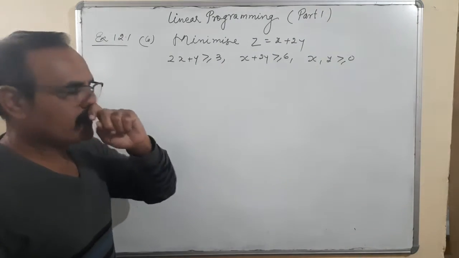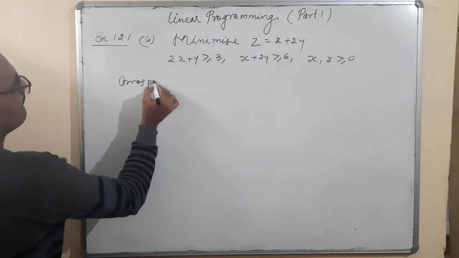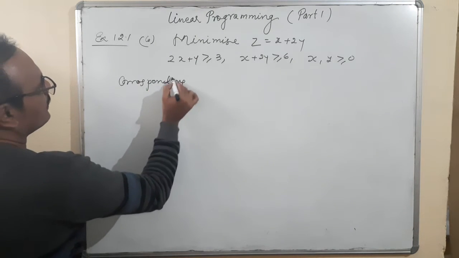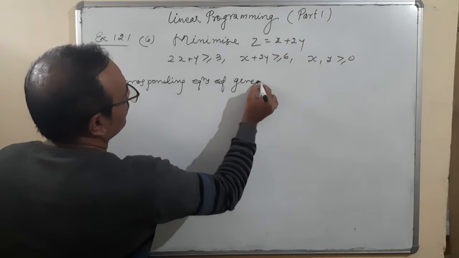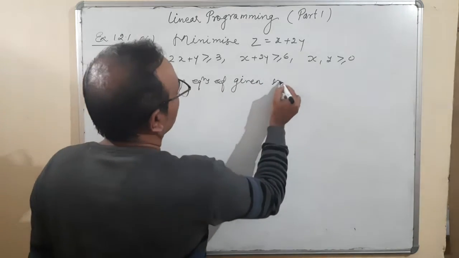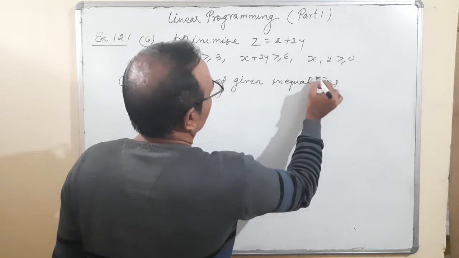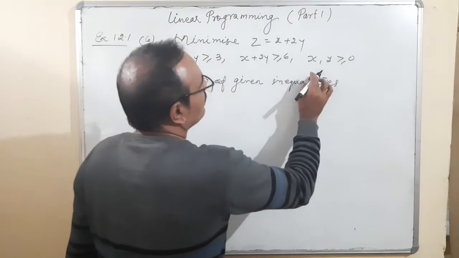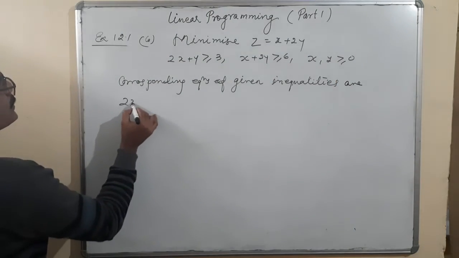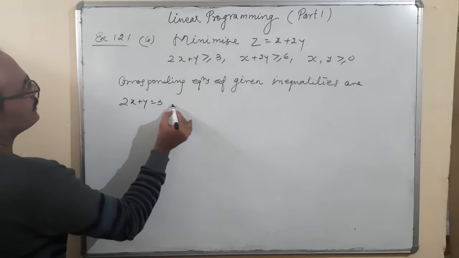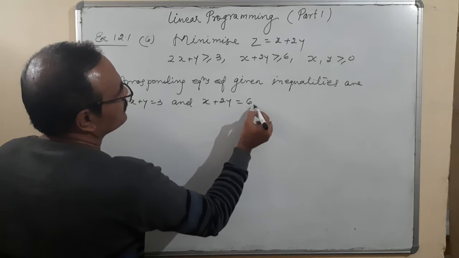Corresponding equations of the given inequalities are 2x plus y is equal to 3 and x plus 2y is equal to 6.